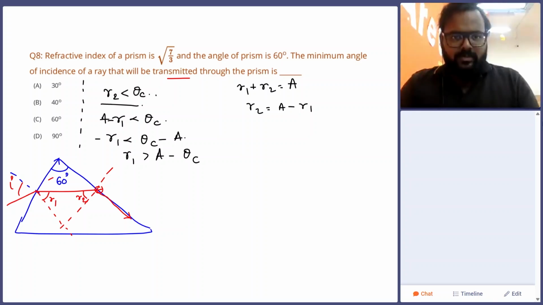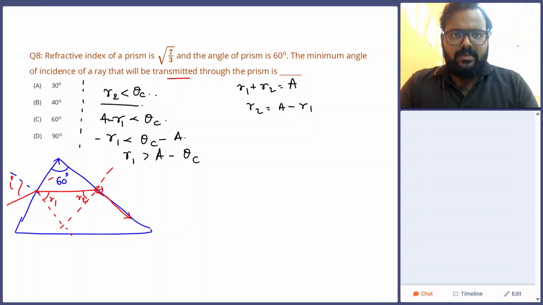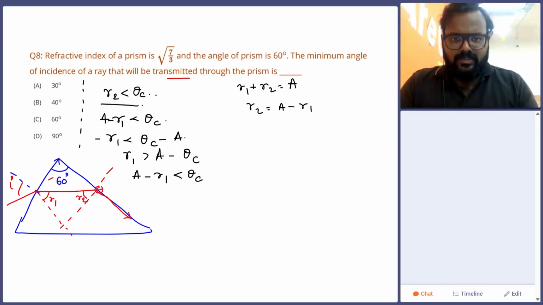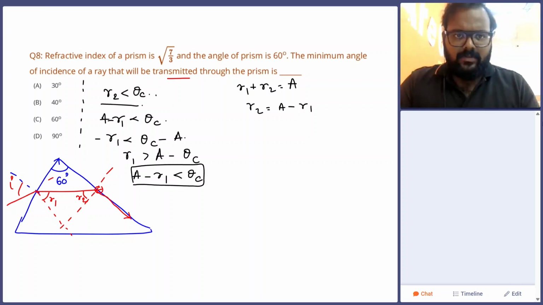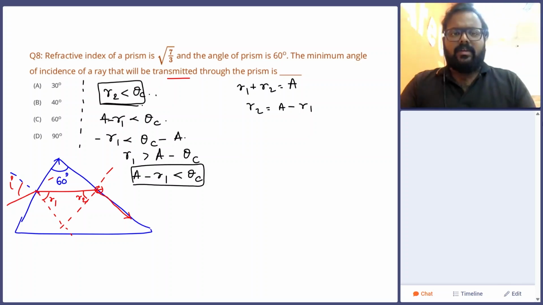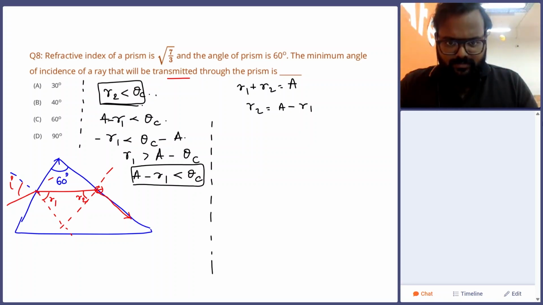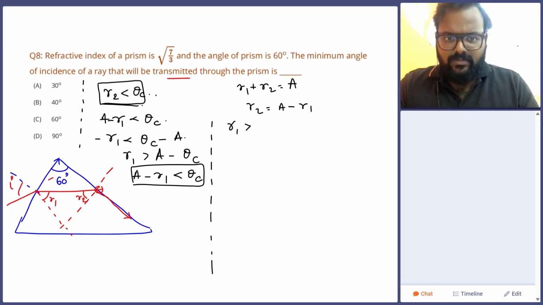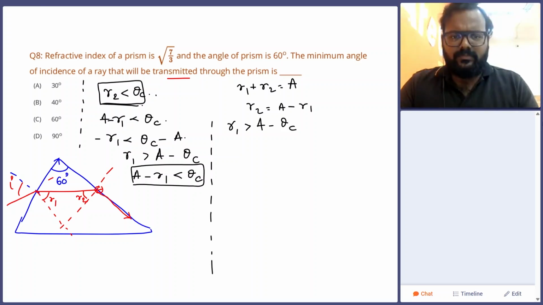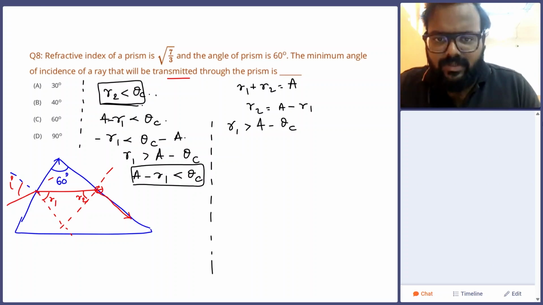Okay, which means you put it aside. So then you'll get A minus R1, theta goes that side, it becomes theta C. These two are the equations. Now if you put them together, R1 must be greater than A minus theta C. Now this is where we need to do a little magic.